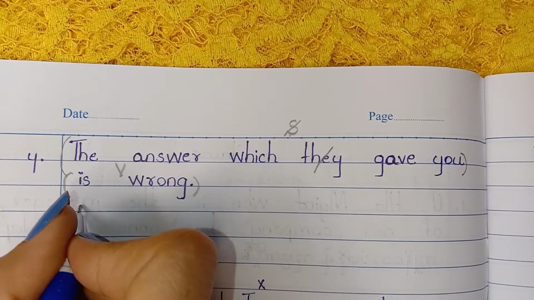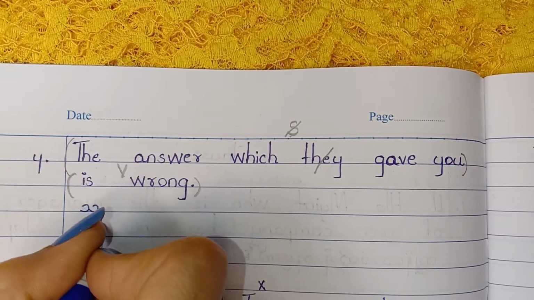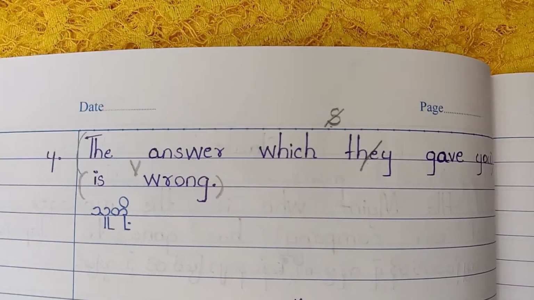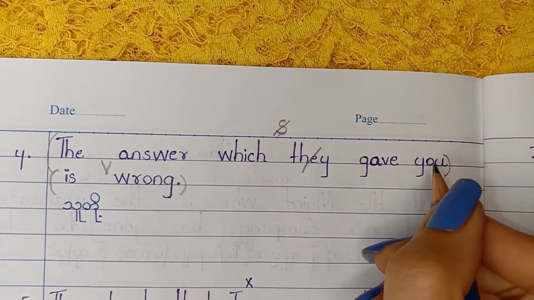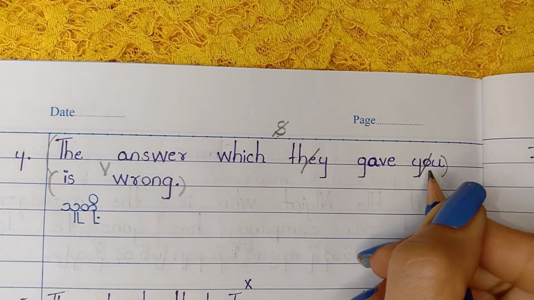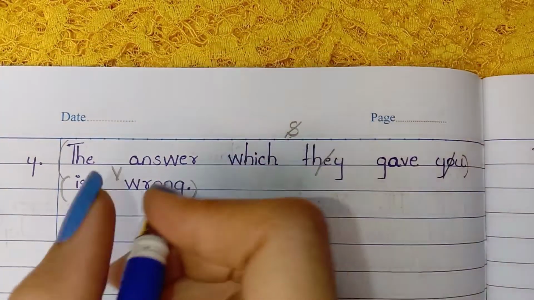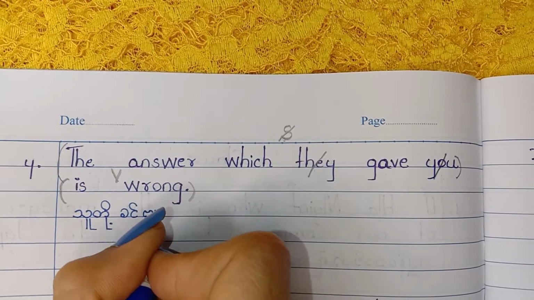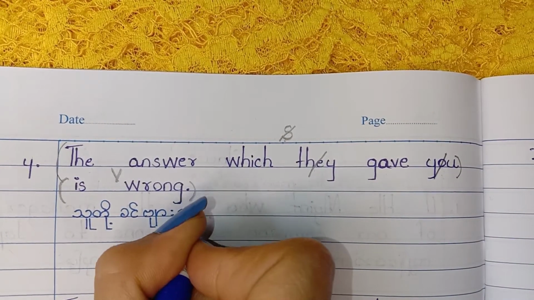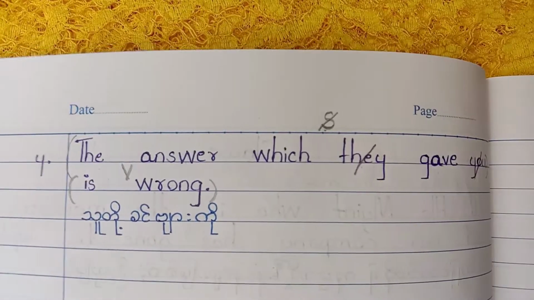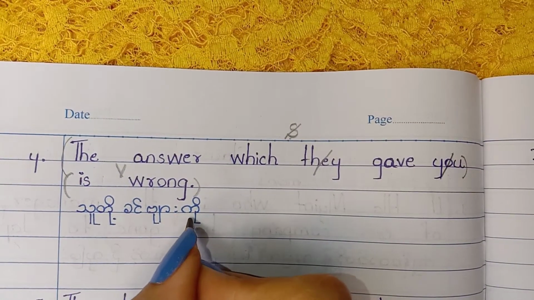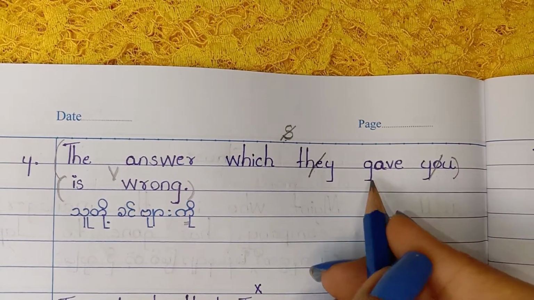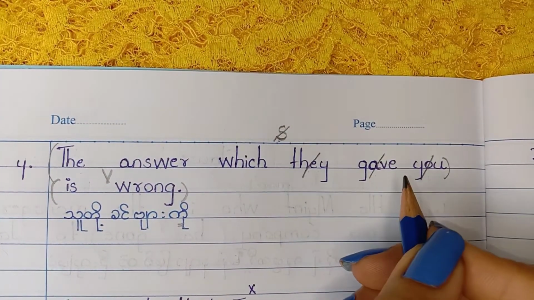Alright, သူတို့. And then you means ခင်ဗျားကို. This ko is the object marker, ခင်ဗျားကို, because you is the object. And then give means ပေးခဲ့.